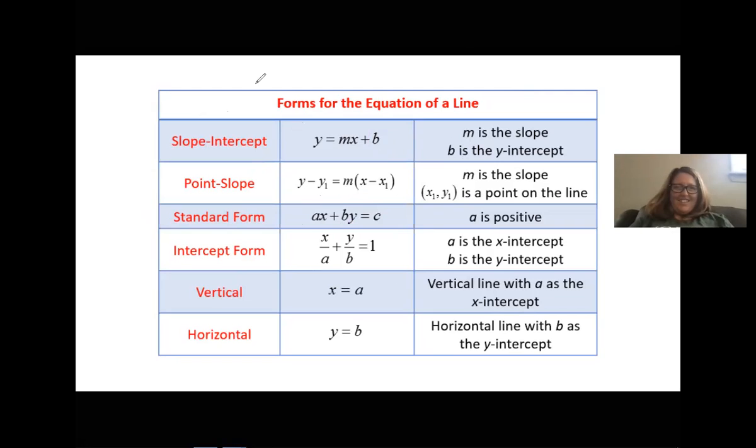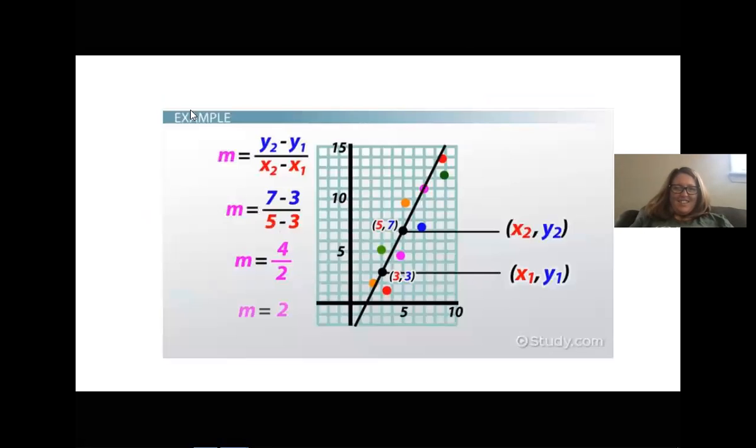All right, here's the next one you have to know. And this is the slope equation. So you'll see here they used it. If you have 5 and 7, you just put the numbers in, and then you subtract them. And then here's your other one right here. So they go in, and then you simplify the fraction. Okay.